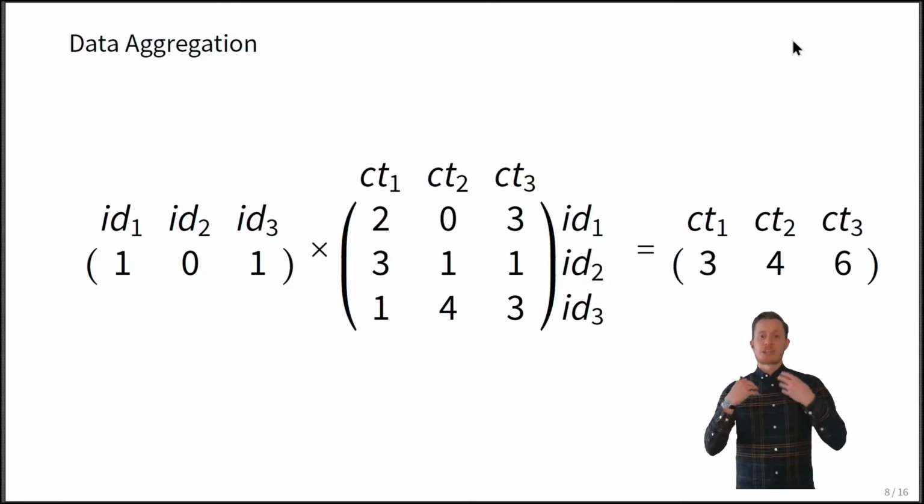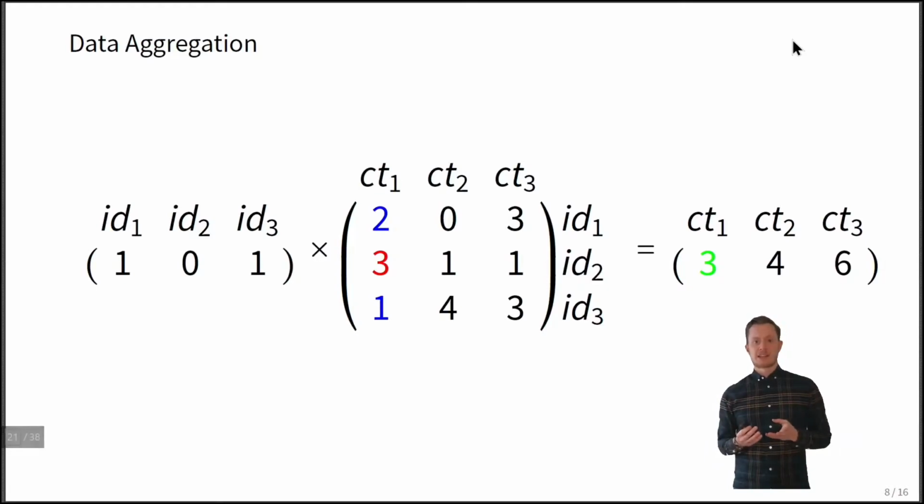And the aggregation of the mobility data of all the infected people is then just this multiplication. And I've highlighted this here for the first cell tower, so we multiply this vector with this column. You see we count in the first and the last, because the individual number 2 is not infected, and we arrive at 2 plus 1 equals 3. And so on for all the cell towers.